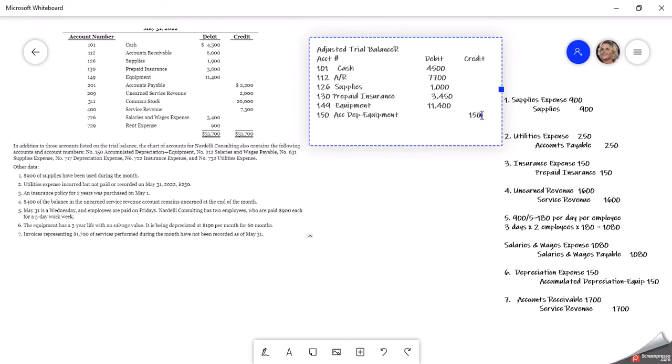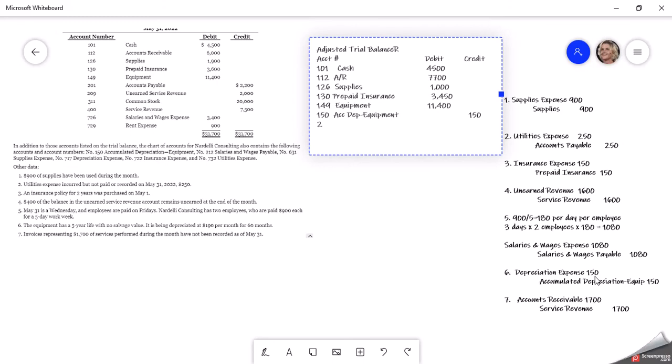Then that finishes our assets. So let's just double check that I didn't miss any as I look over here, that we didn't set anything else up, but we did not because we just had the accounts receivable and the accumulated depreciation and we are good.